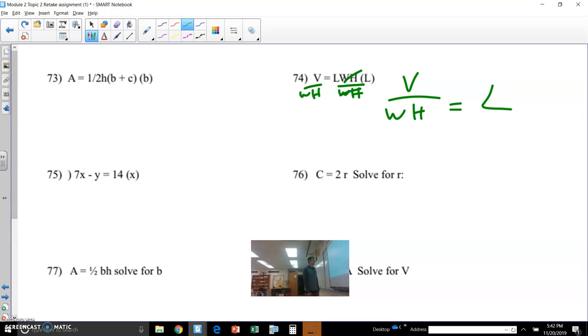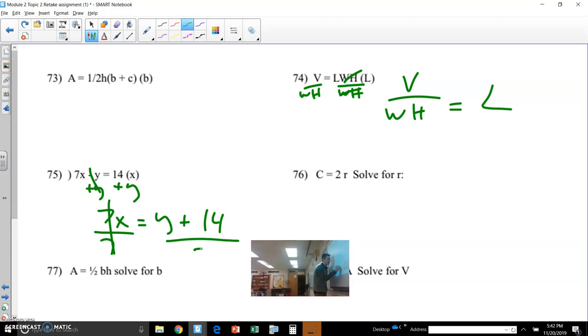Let's try this one, trying to get X by itself. Let's add Y to the other side. 7X equals Y plus 14. And then I want to move that 7 to the other side, and now I have x by itself, y plus 14, all divided by 7.